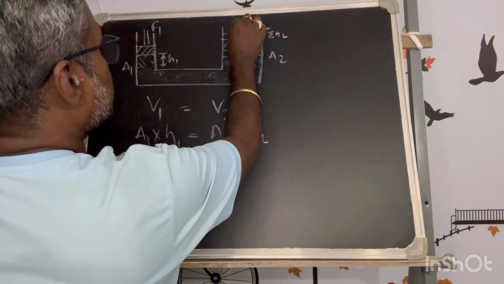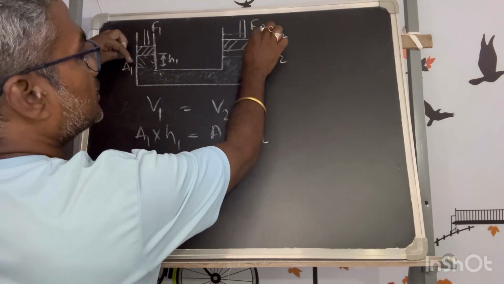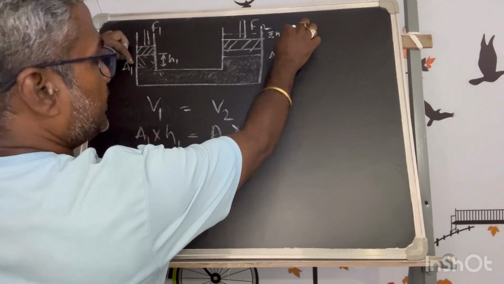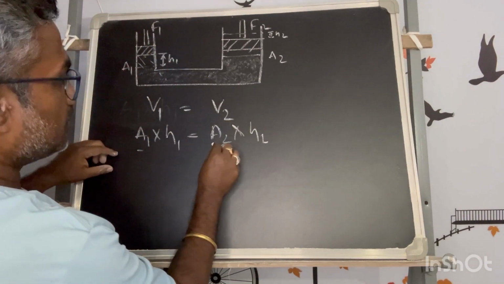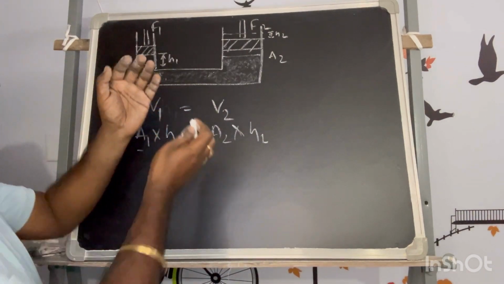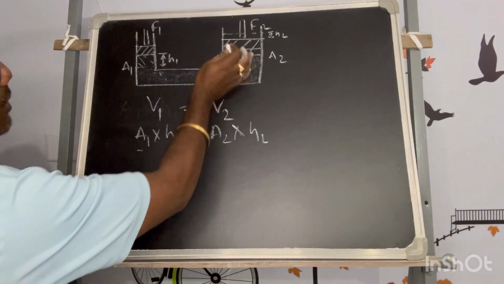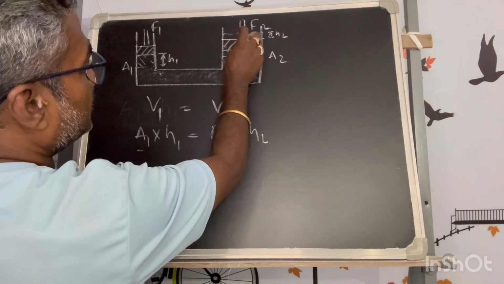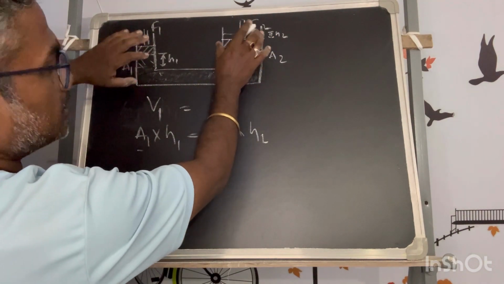Whatever is lifted up has to be displaced from here, and it will accommodate the extra pressure due to this height. So the area into displacement and the area into displacement, the volume flow rate will be the same, because whatever volume is displaced here has to be accommodated up there. It will not get any extra volume due to any other reasons.